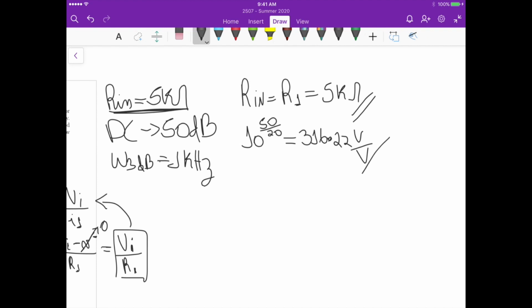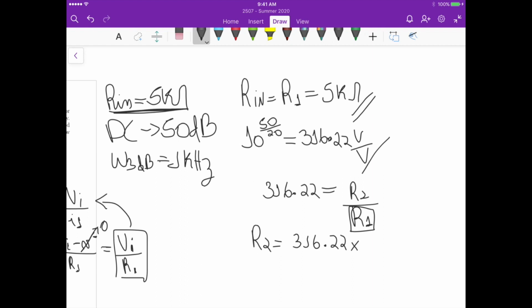Now remember from the equation that we derived for the DC gain, that the DC gain, 316.22, should be equal to R2 over R1. We know R1, we don't know R2, so R2 is 316.22 times R1, which is 5k ohms. This gives us an R2 that is equal to 1.58 mega ohms.